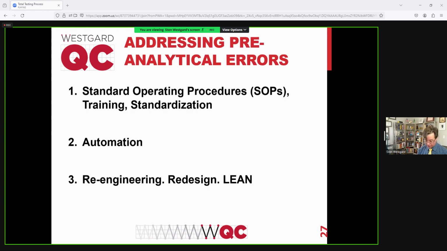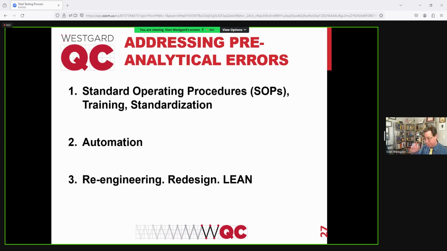So these are more specifically ways to address in general pre-analytical errors: standardizing your operating procedures, having training, not just written down, but going through the effort of building the standard, automation, and then re-engineering things or redesigning things, or lean.